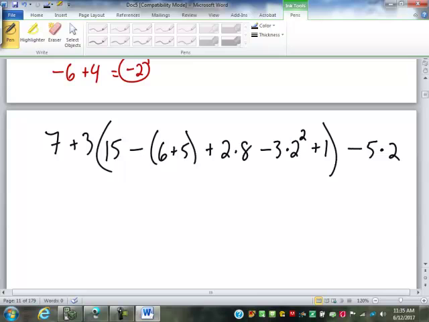Just a touch more difficult. Now this looks like a monster, but as long as we follow our levels of priority, we'll be okay.